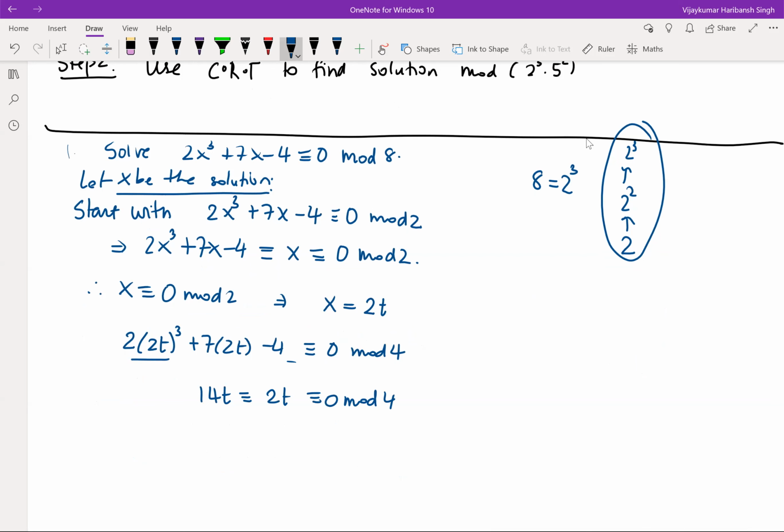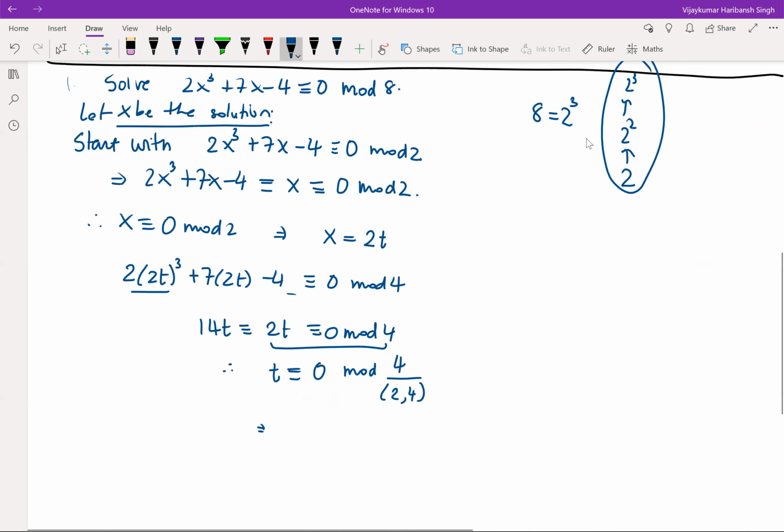So what do we get out of that? Therefore t is congruent to 0 mod 4 divided by GCD of 2 and 4. So t is congruent to 0 mod 2, which implies that t equals 2s.